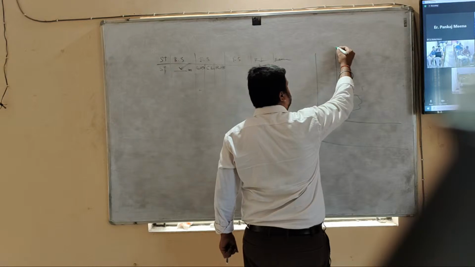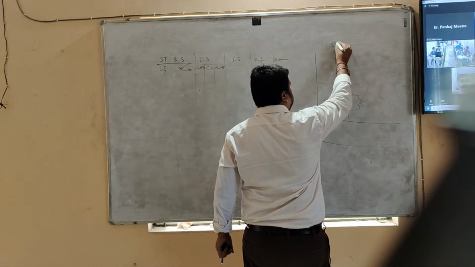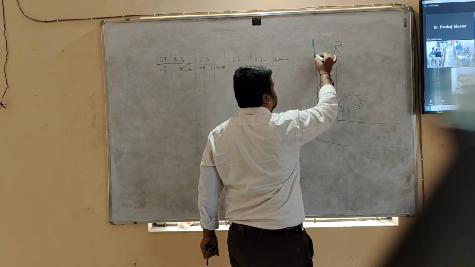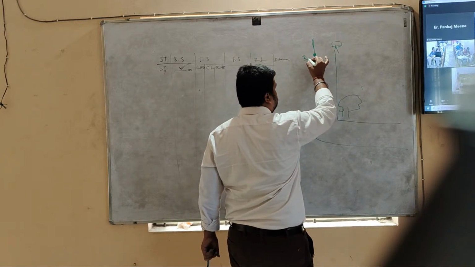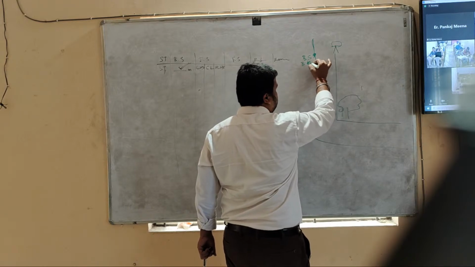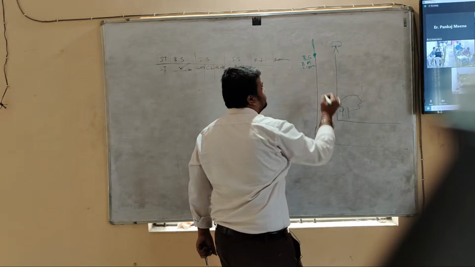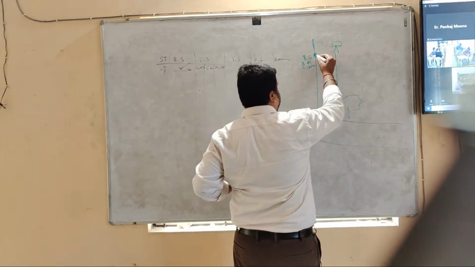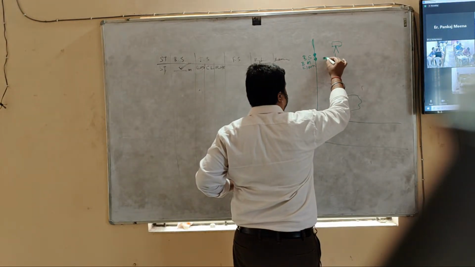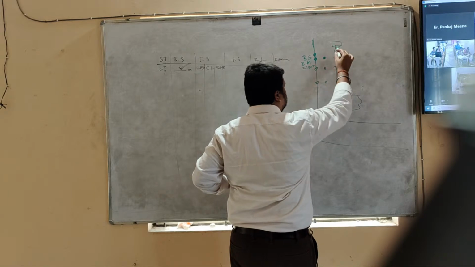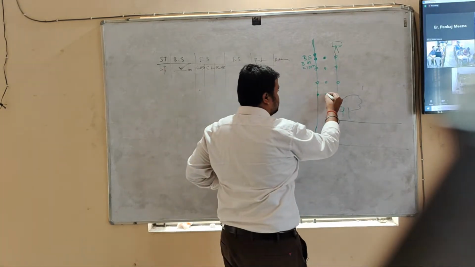Initially you put the staff here, and if some pole or something else is there, you will take it as your backside, and according to that you will take the benchmark as 100 meter. And from this particular point you have to consider 3 points: LHS, center line, and RHS. Simultaneously we will go like this, and do not disturb the instrument.